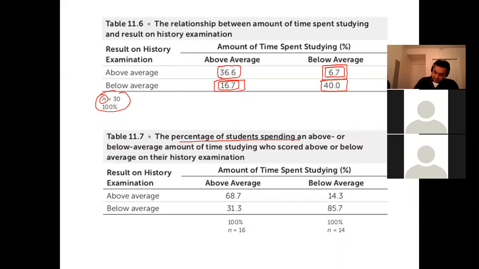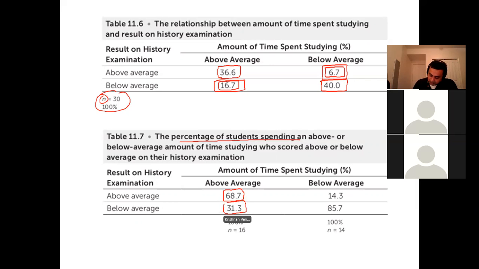So in this exact same example, let's say there is a certain average mark, okay? So 68.7% of students scored above the average, okay? And 31.3% scored below the average.